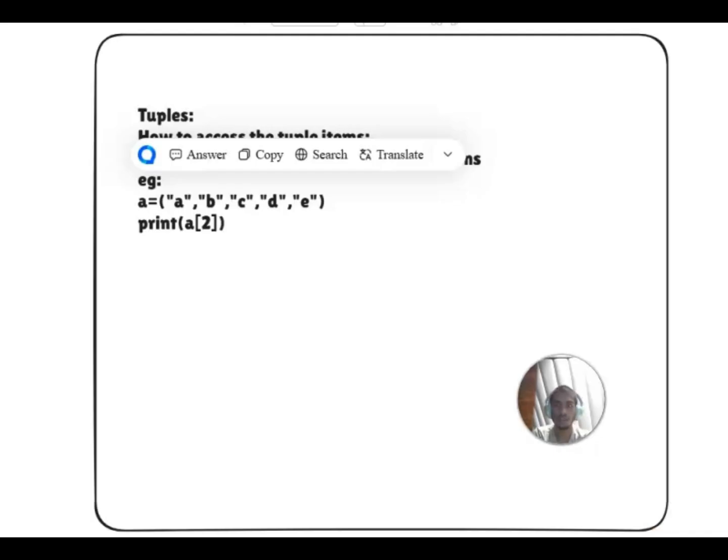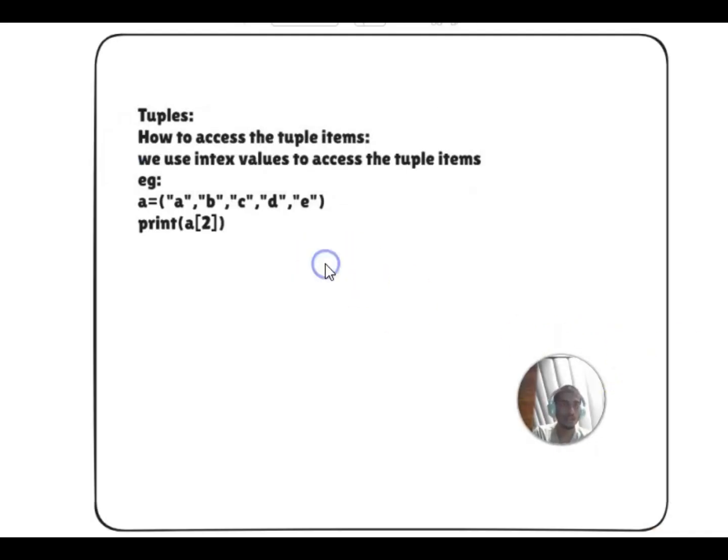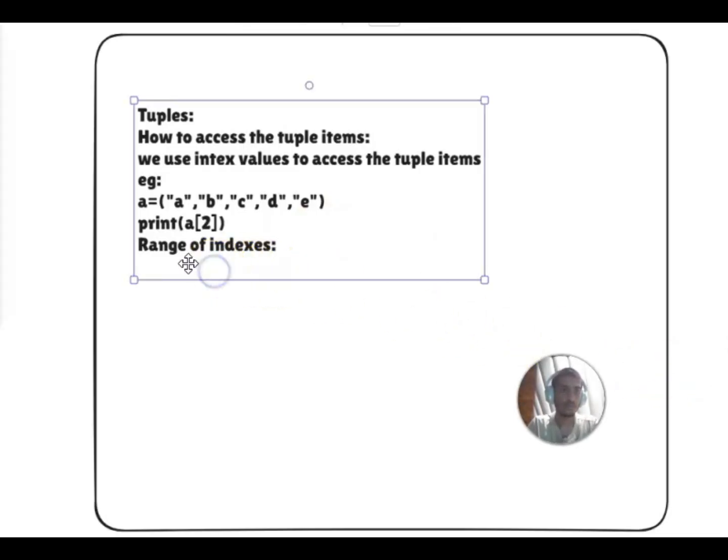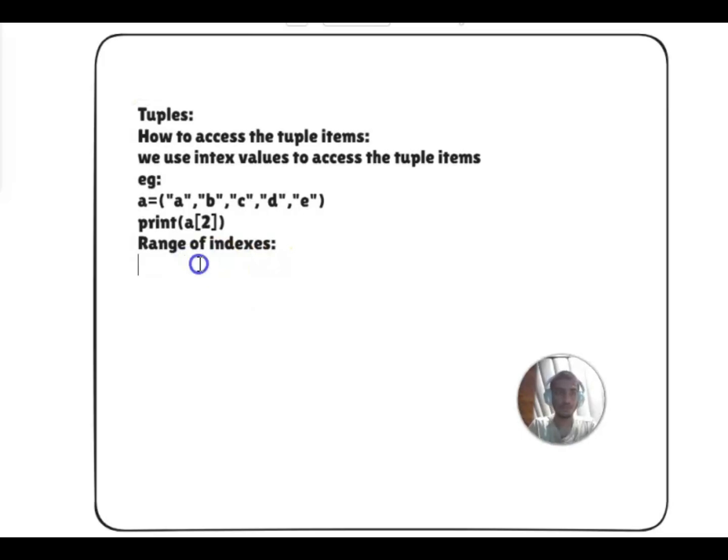Now let's move to another topic, range of indexes. You can print the values of tuple items by giving a range.